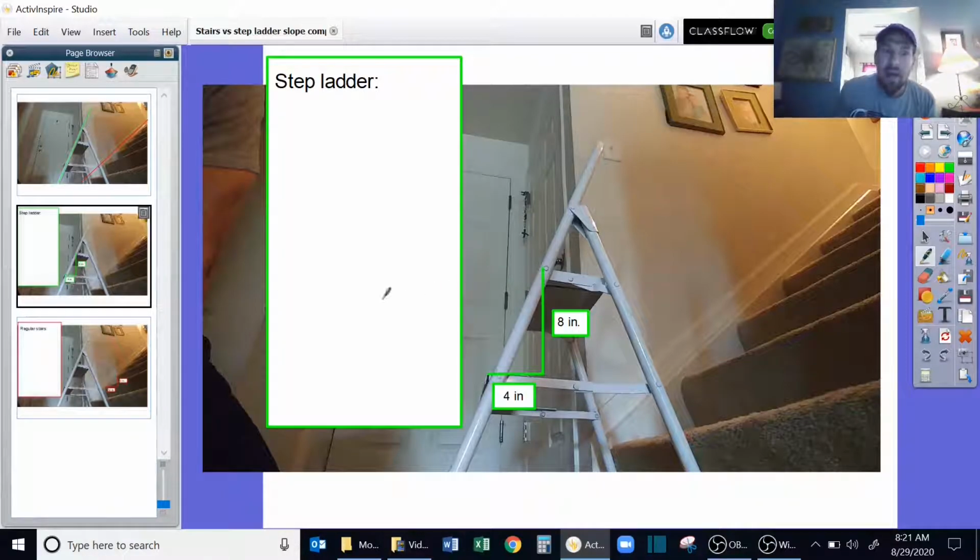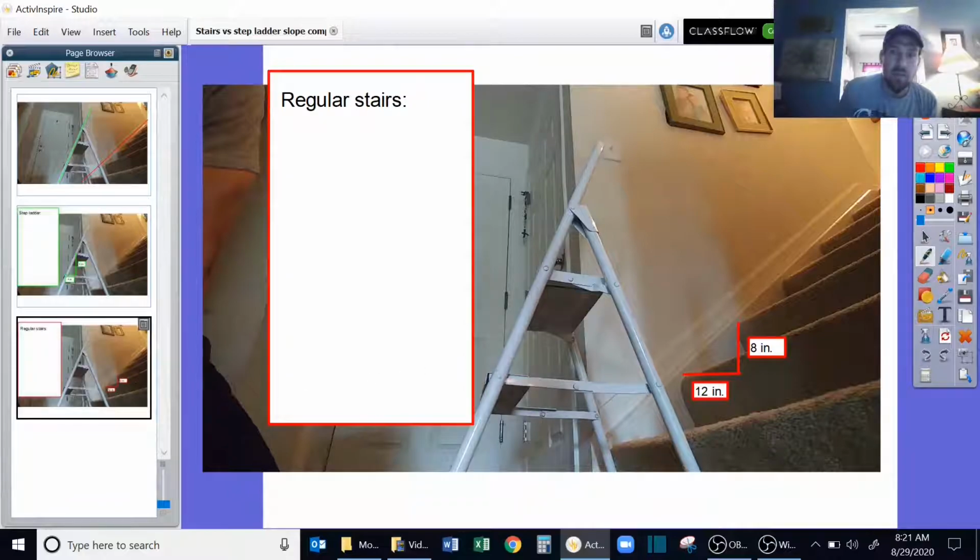If we compare that to the regular stairs, they also rise up 8 inches. I measured it. But the regular stairs take 12 inches. I have to run forward 12 inches to rise up 8 inches on my regular stairs.